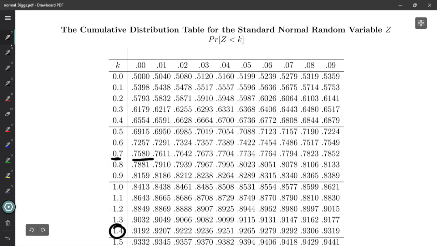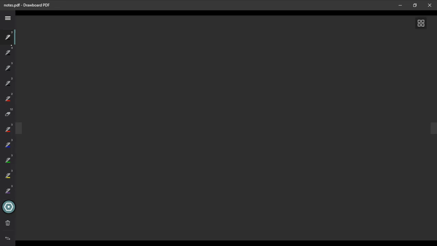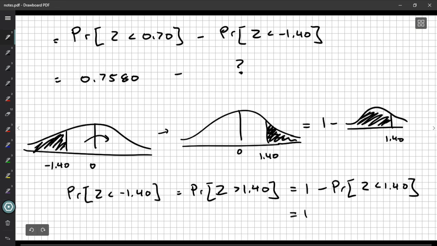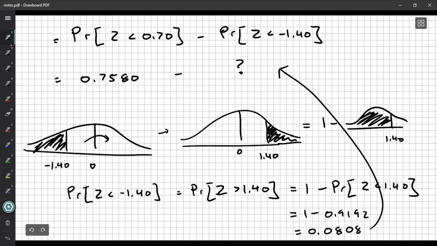So 1.4, and 100th digit is still 0. So 0.9192, we're going to take that away from 1. And you do a little work and you see, oh, that's 0.0808. So that now gets put in here.